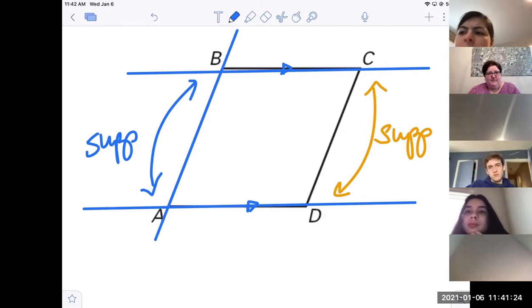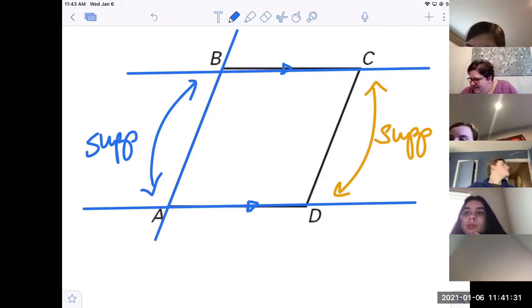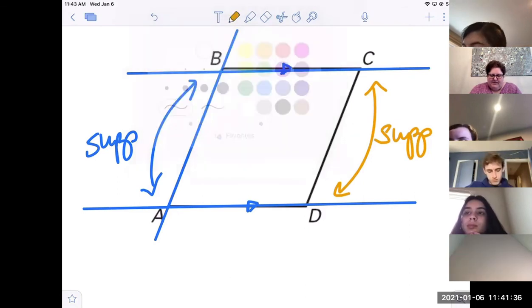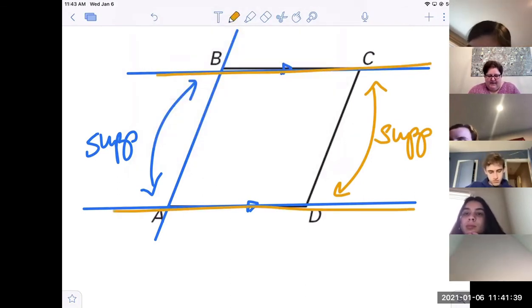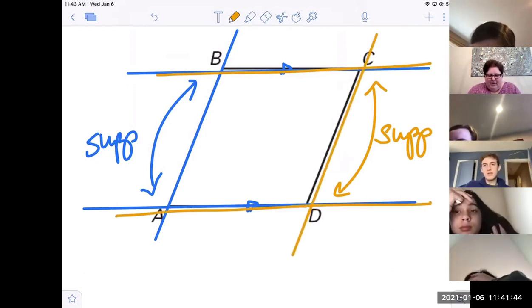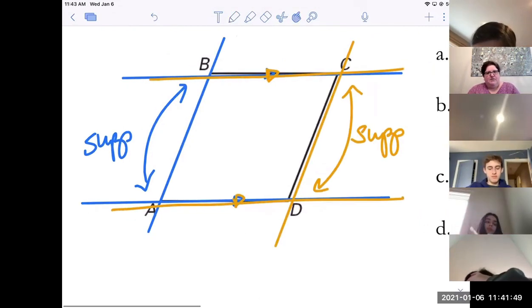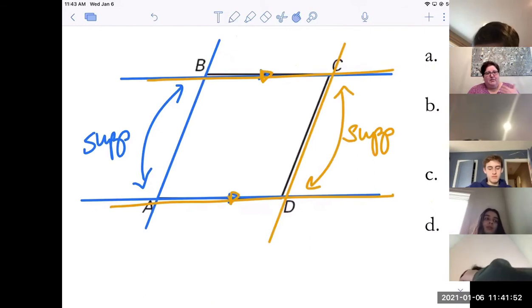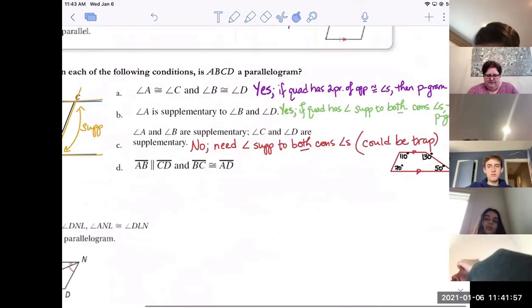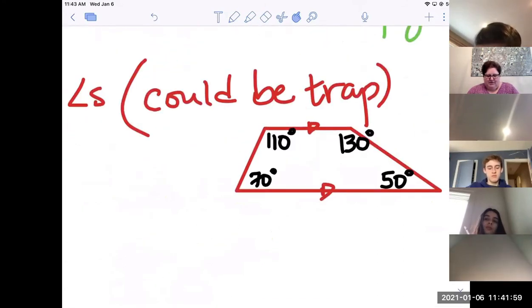Yeah, it's the same ones, right? Who was that? And Nazi, thank you. So those two supplementary angles are going to give you the same parallel sides, because it's still these two lines and the transversal over here. So the problem is that you get the same pair of sides because of where the supplementary angles are. If there's only one pair of parallel sides in the quadrilateral, it'll be a trapezoid and not a parallelogram. So again, this is kind of what a generic trapezoid looks like.